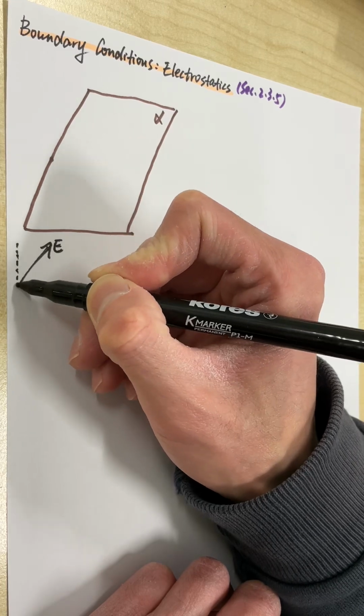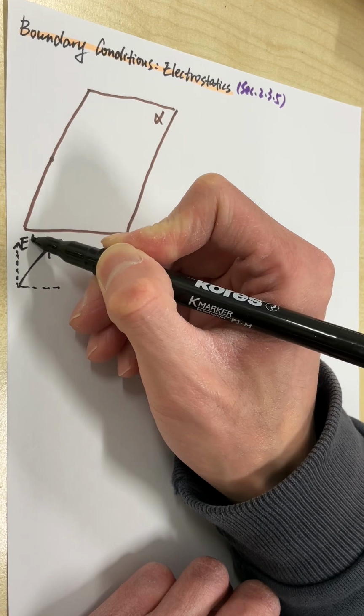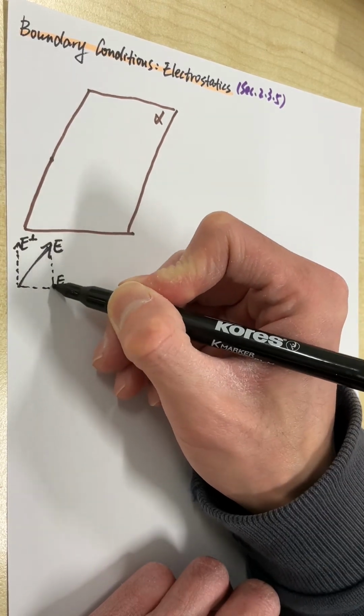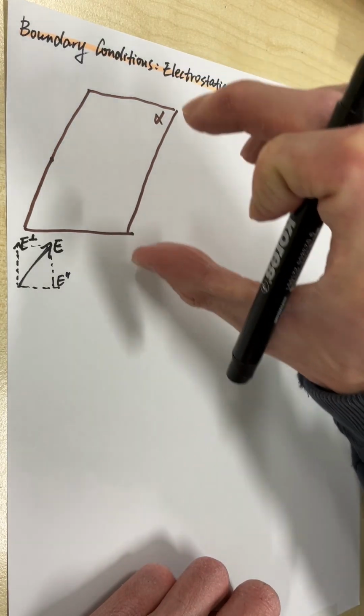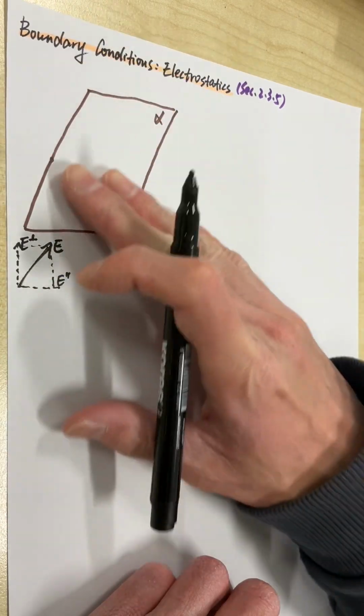One component is perpendicular to the surface. Another component is parallel to the surface. So we have two fields now separated by this surface.